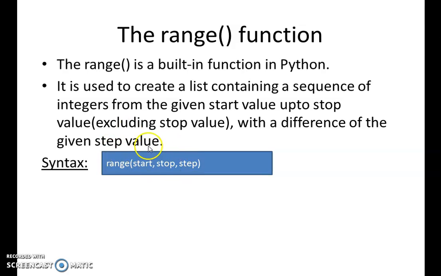So this range function creates a list containing a sequence of integers from the start value up to stop value, and this stop value is excluded with a difference of step value that we provide inside range. So let's see some example of range function.